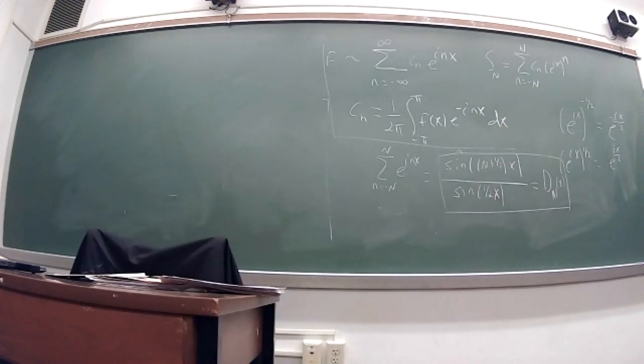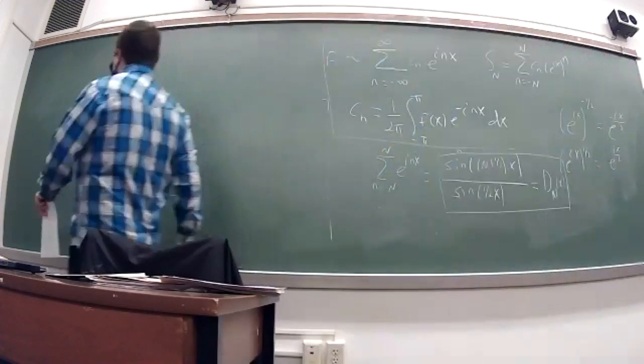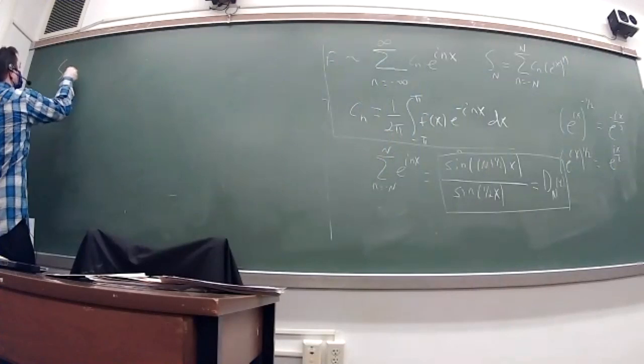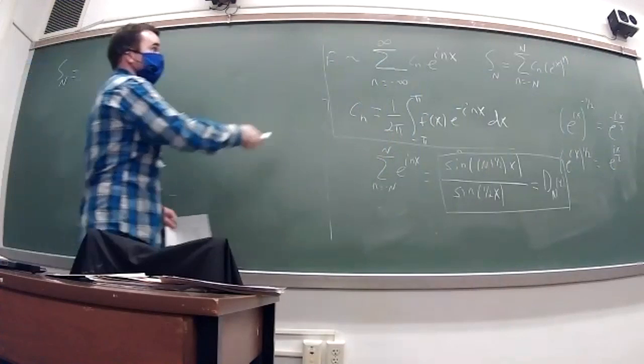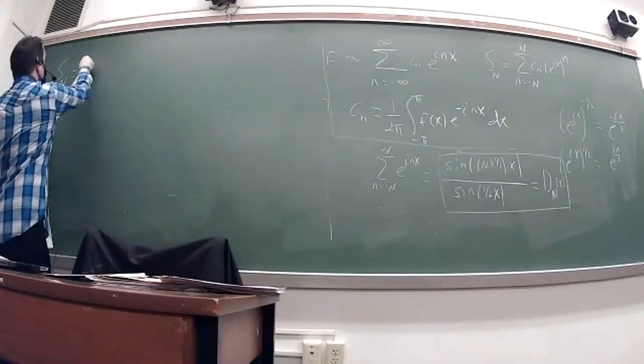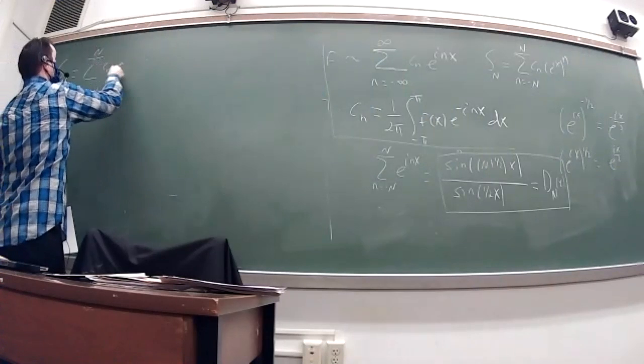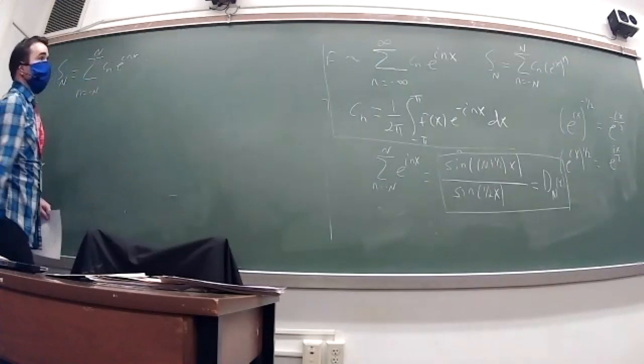That's what we've shown. So now what I actually want to do is find a formula for the S n, for the partial sum of the Fourier series. That's what you're really interested in.